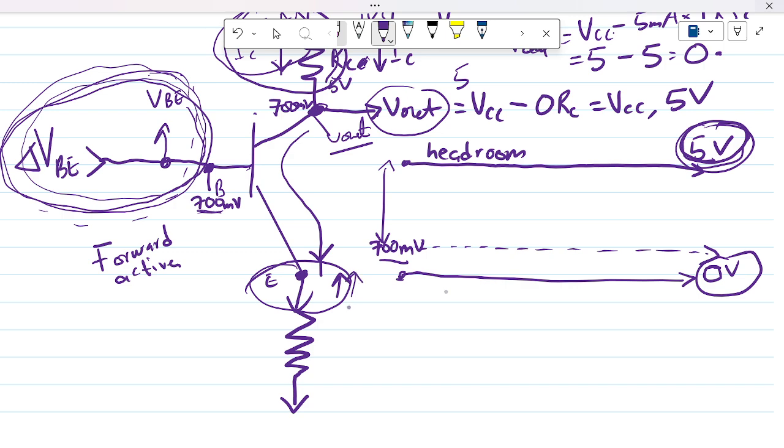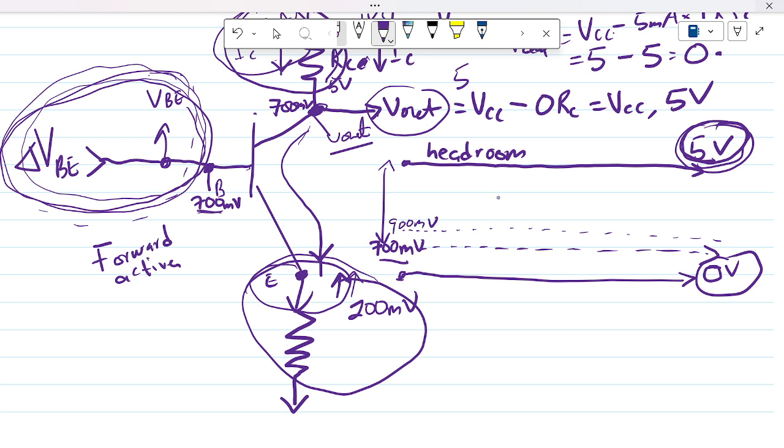So supposing the emitter voltage also raises by an extra 200 millivolts, then our available headroom partly is consumed by this raise in voltage, and together with that I might have to add an extra 200 millivolts, meaning that the available headroom should be between 900 millivolts and 5 volts.